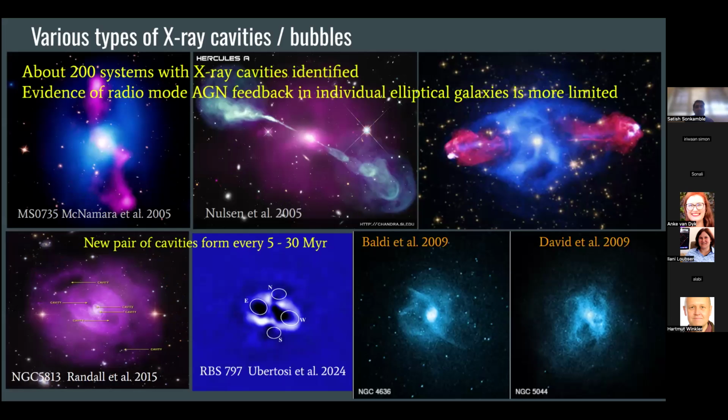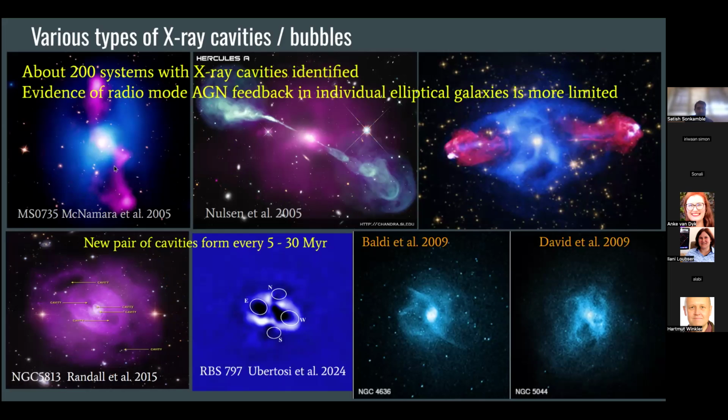There are various types of X-ray cavities and bubbles. So far about 200 systems with X-ray cavities have been identified, and most of them are groups and clusters, and very little AGN feedback has been studied in individual elliptical galaxies. There is a zoo of these cavity systems, some well-known ones.